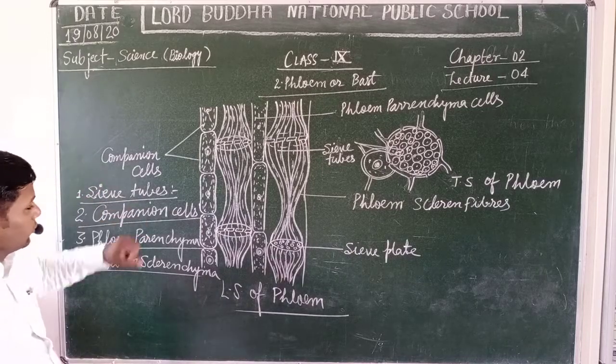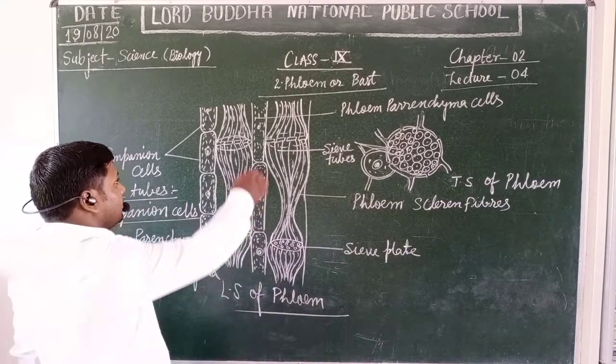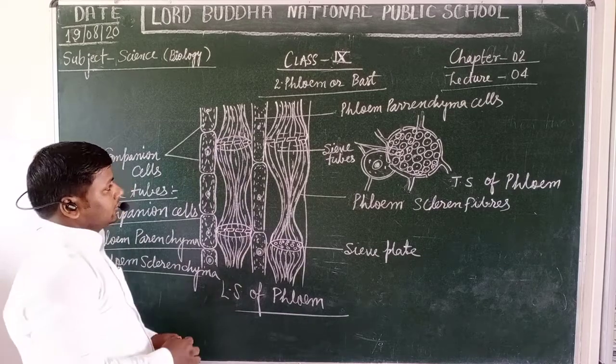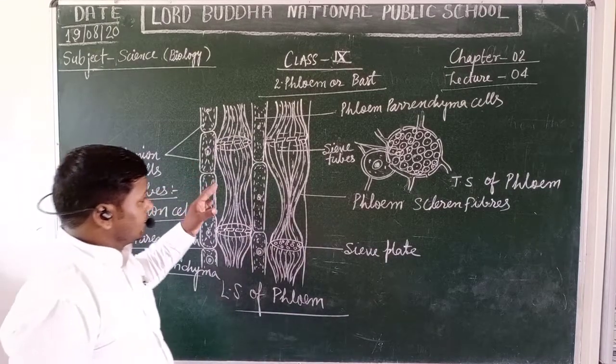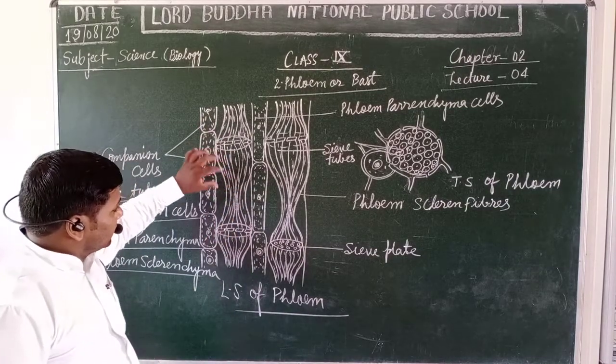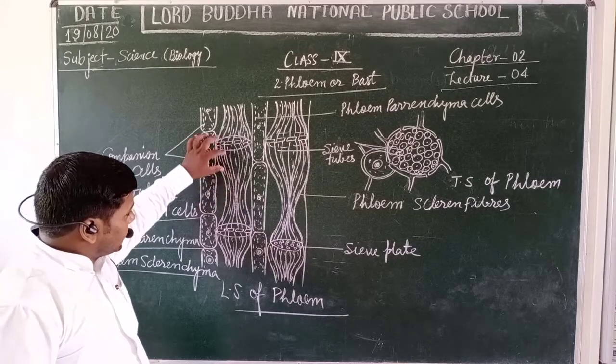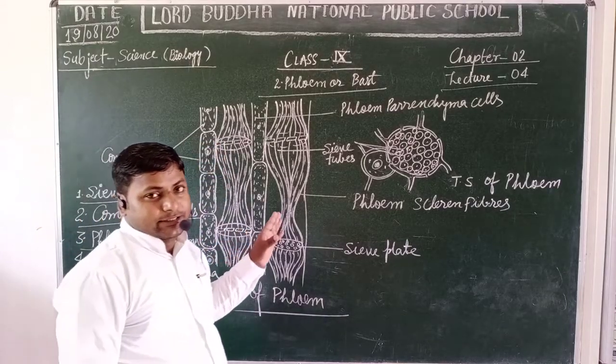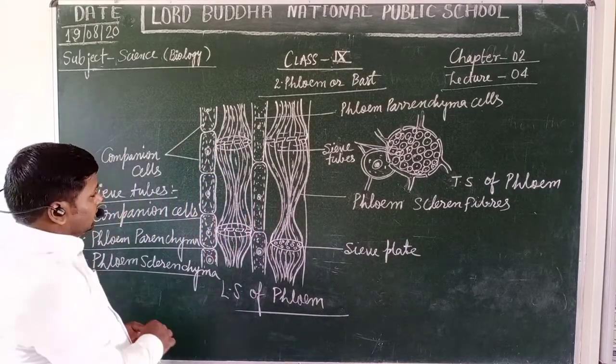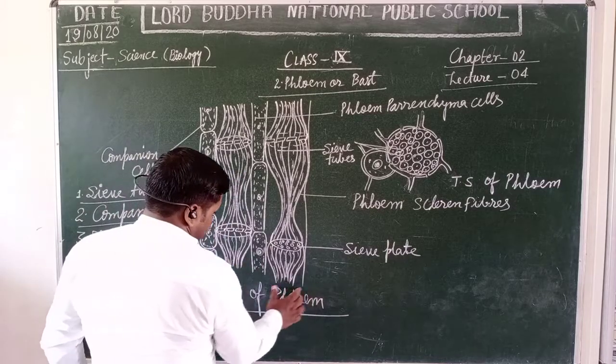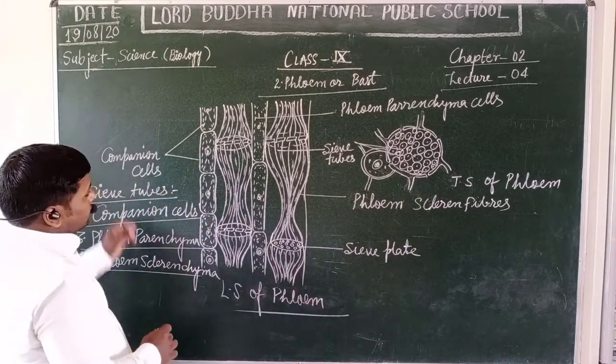This is the sieve tube. Sieve tubes are long, elongated, tapered and narrow-pitted cells that are helpful in the passage of food substances inside the phloem tissues.